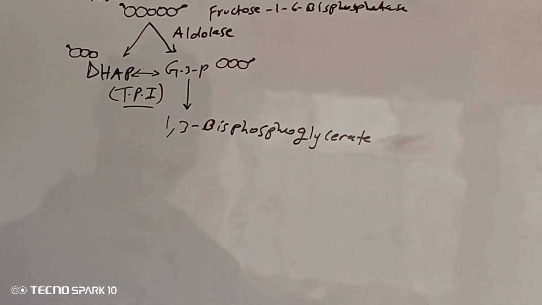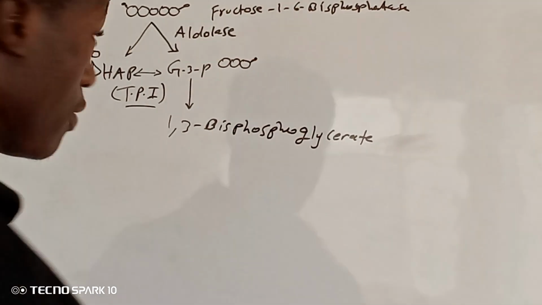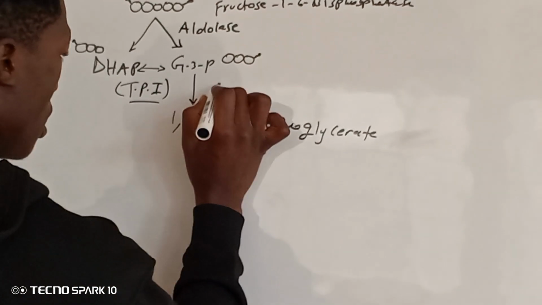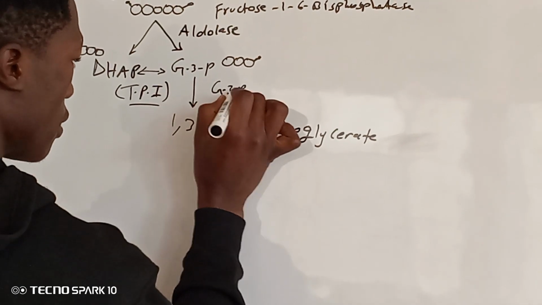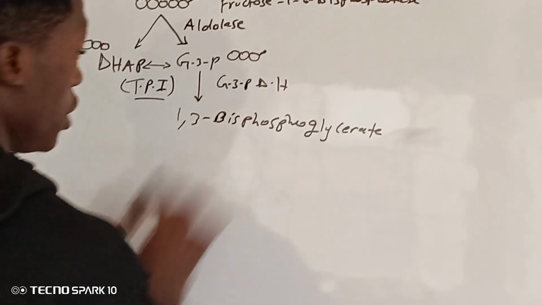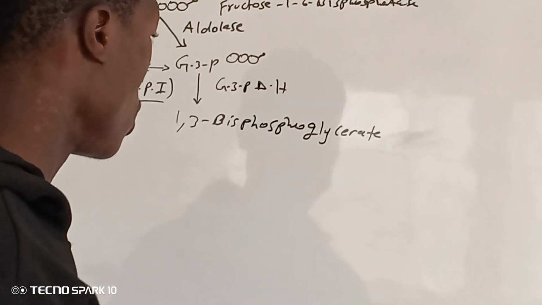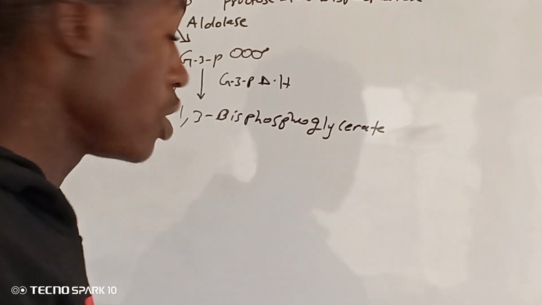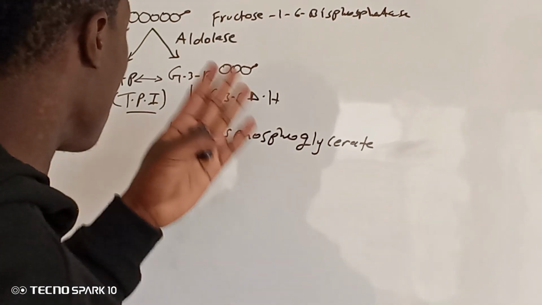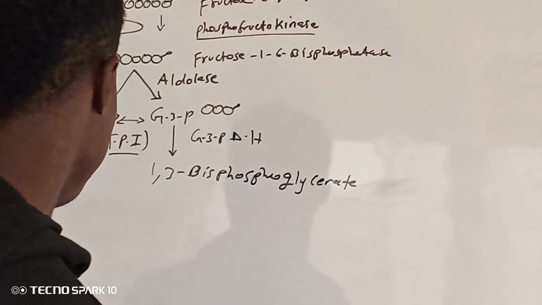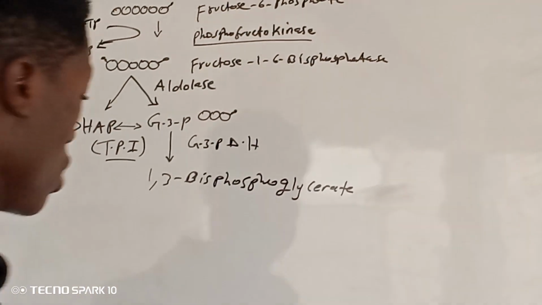In this case, you're going to see what's going to happen. The name of the enzyme is glyceraldehyde 3-phosphate dehydrogenase. Now, mark this, guys. Whenever you hear the term dehydrogenase, it will always mean that there's formation of NADH or one of those reducing agents or electron carriers.